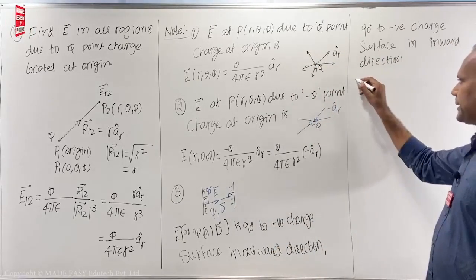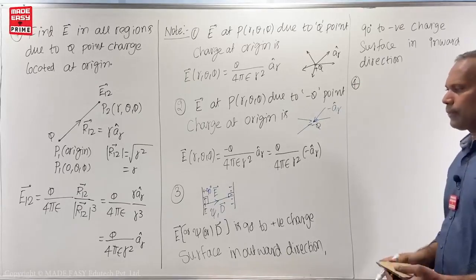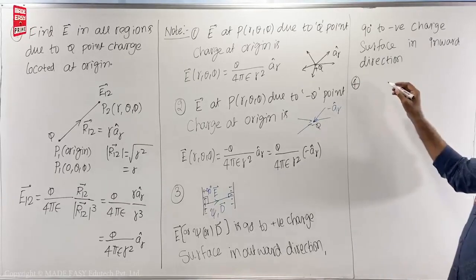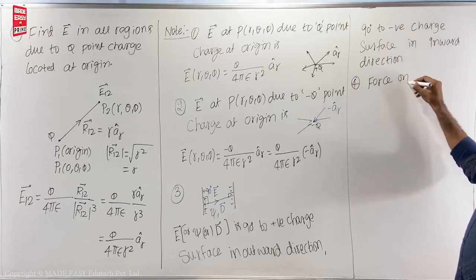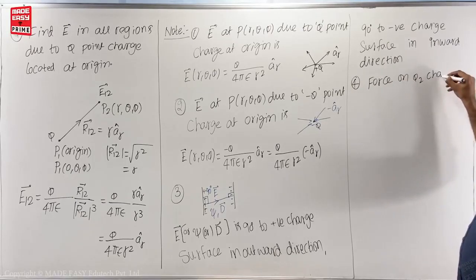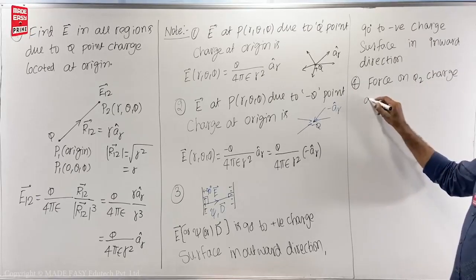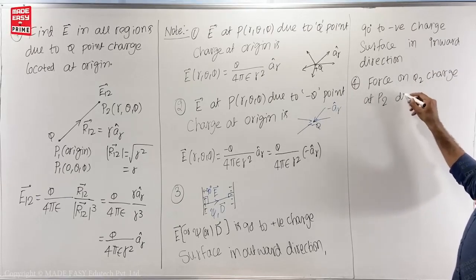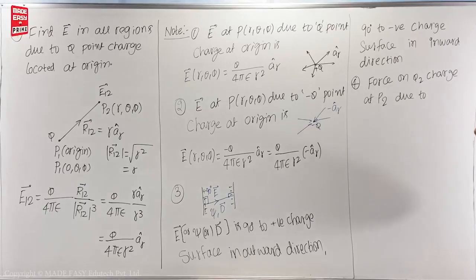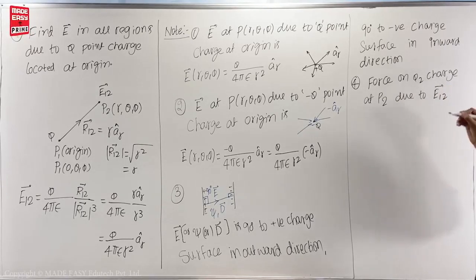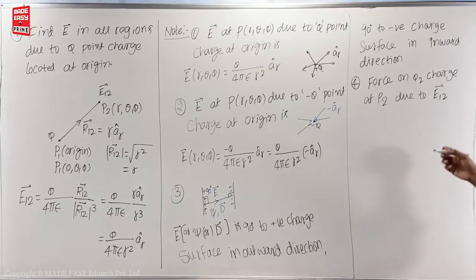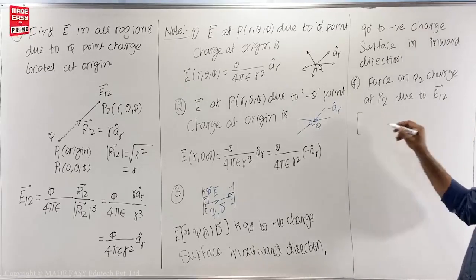Next, fourth point is force on Q2 charge at point 2 due to E1 to bar.